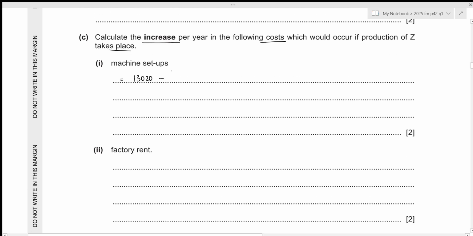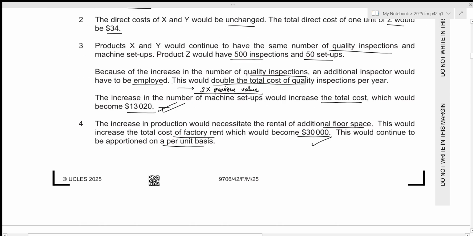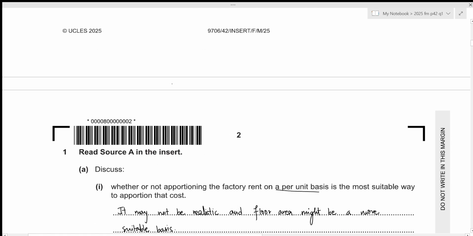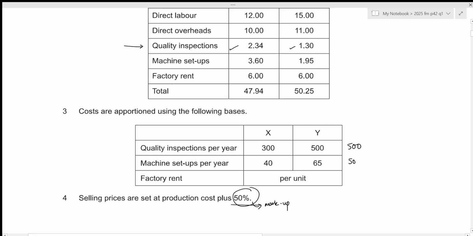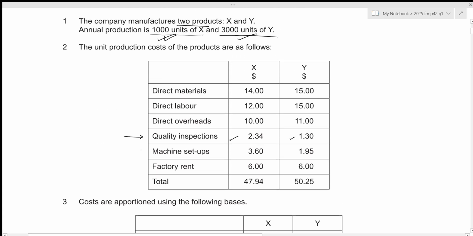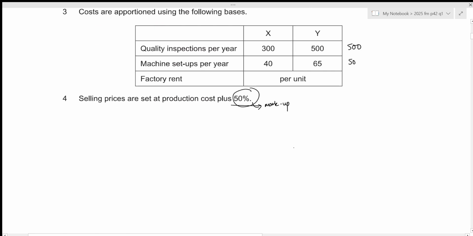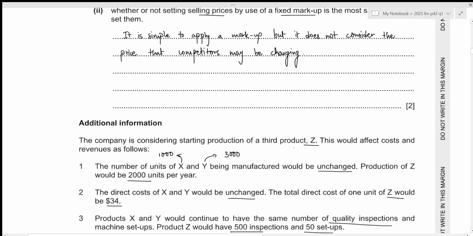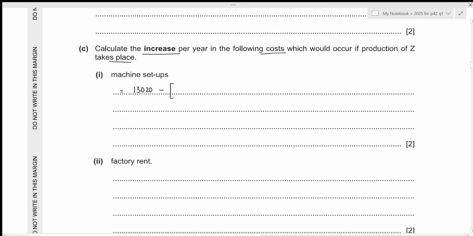Then we will subtract the previous value. So we'll figure out the previous value for machine setups in a similar manner to how we calculated the total for our quality inspections, because in this case as well, we have been given the per unit cost for the machine setups, 3.6 for X and 1.95 for Y. So we can just figure out the total by multiplying it to their respective number of units.